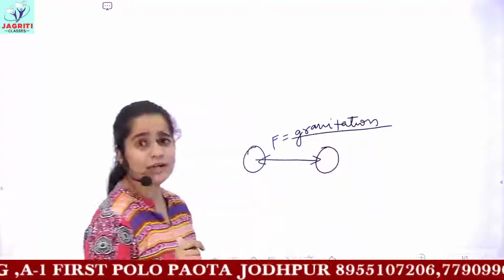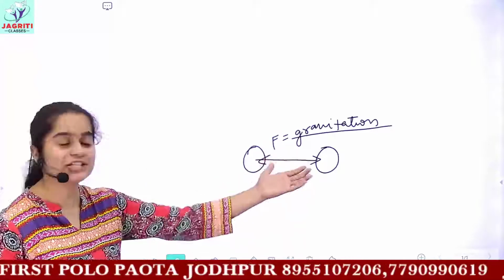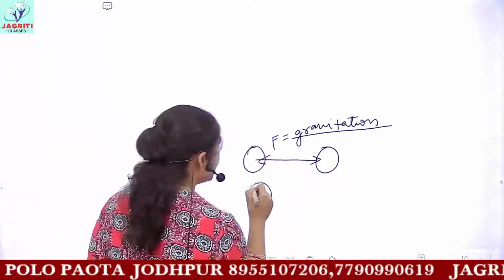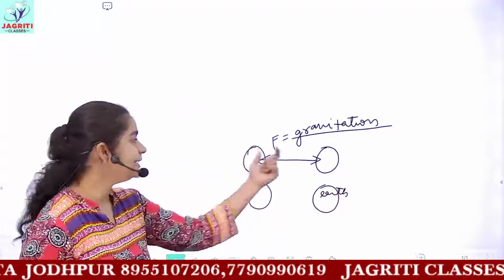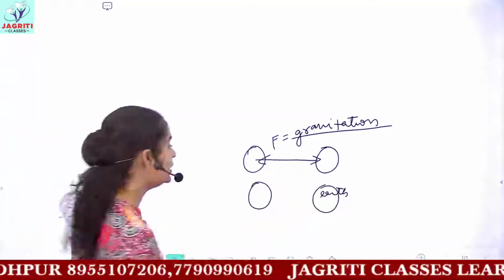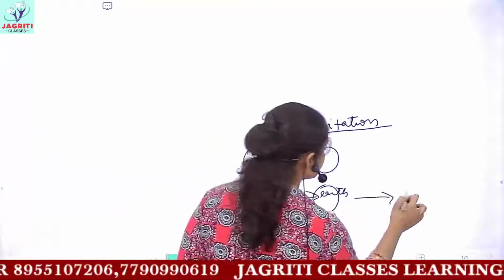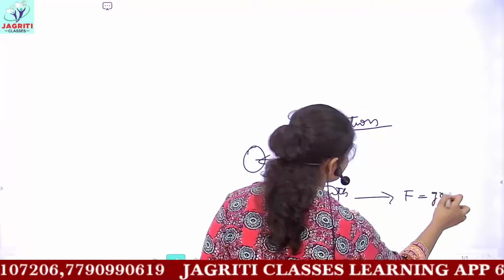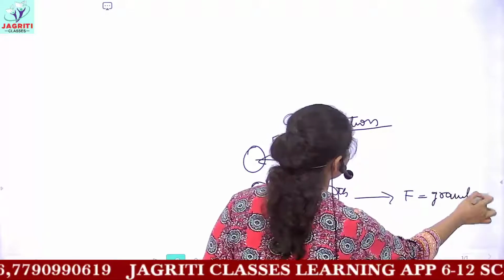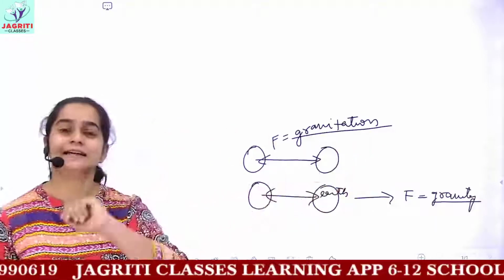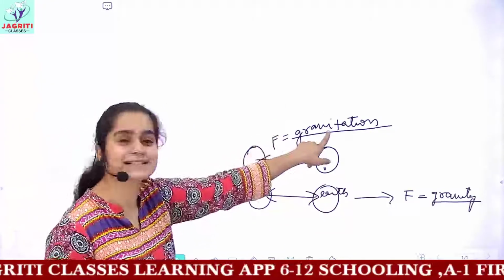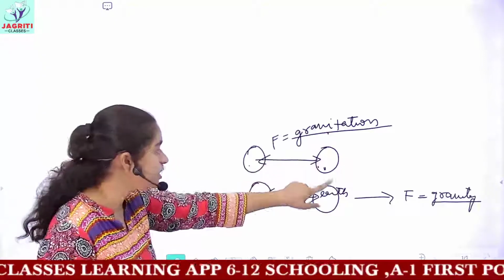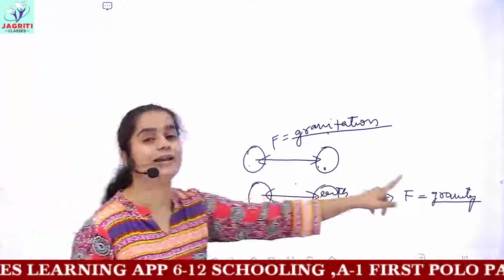I am just giving you a revision: if one of the objects is earth, then this force is known as gravity. So this is the basic difference: if you have two different objects, the force is known as gravitation, but if one object is earth, then this force is known as gravity.